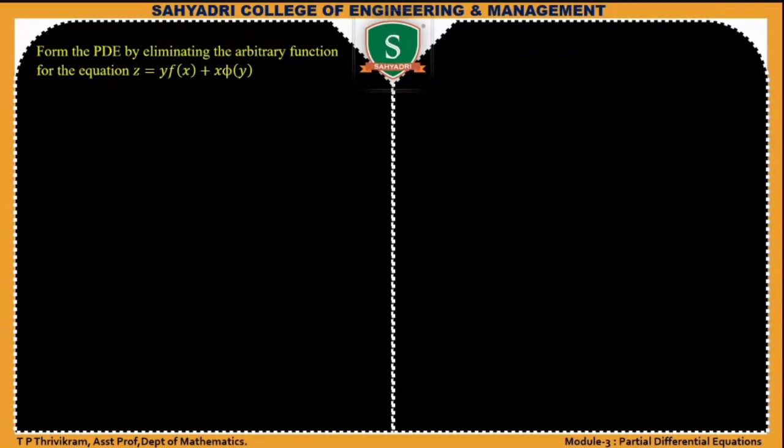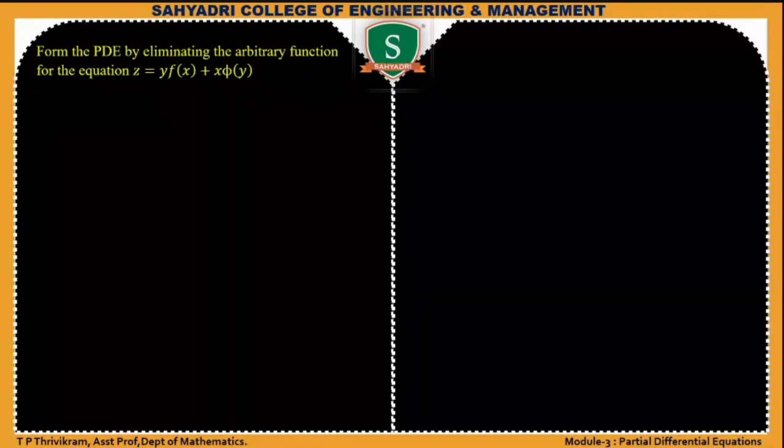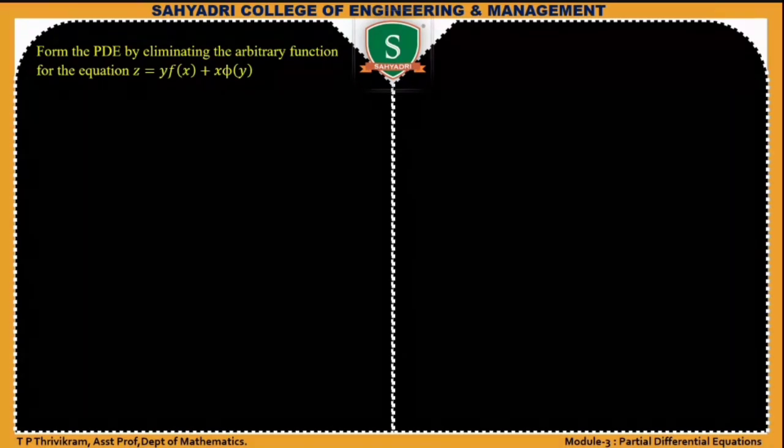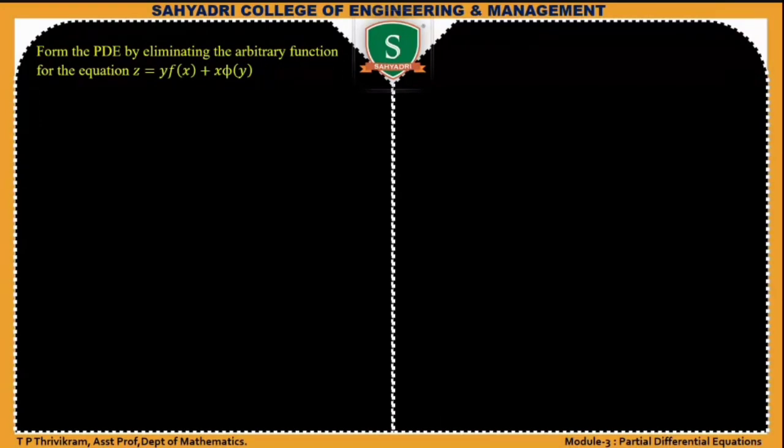Check this. Form the partial differential equation by eliminating arbitrary functions for the equation z is equal to y into f of x plus x into phi of y. This equation is also very easy. Find all the derivatives, second order derivatives still. Given z is equal to y f of x plus x phi of y.